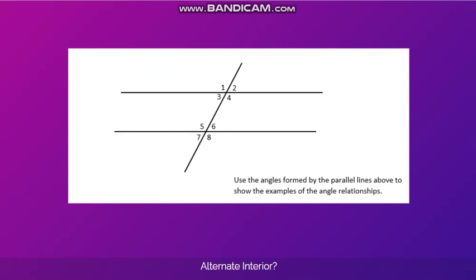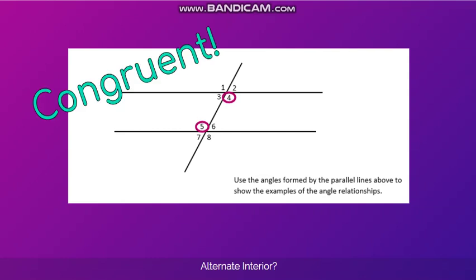So alternate interior, remember, opposite sides of the transversal between the lines. For example, 4 and 5. And the special relationship that those have, you're now filling out the second chart on your page. The relationship here is they are congruent. They are the same measure. They're equal.